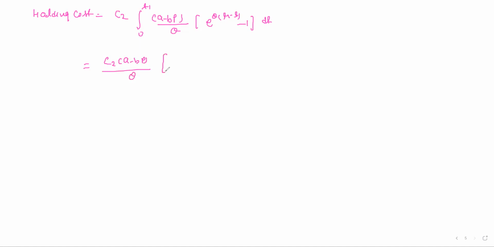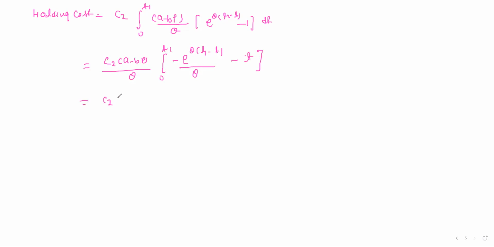Now we can solve it. We have this one, holding cost equals C2 integral 0 to t1 of (a minus bp) upon theta, e to the power theta (t1 minus t) minus 1, dt. So this will come C2 (a minus bp) upon theta, and we can easily integrate it. So it will come minus of e to the power theta (t1 minus t) upon theta minus t.